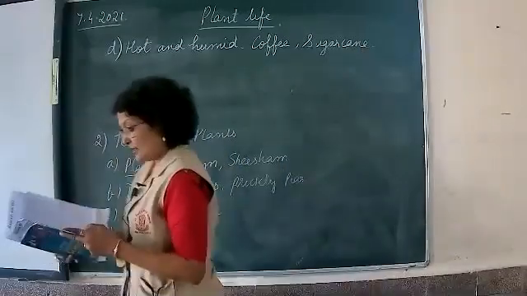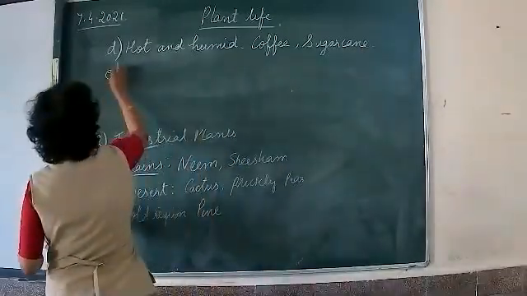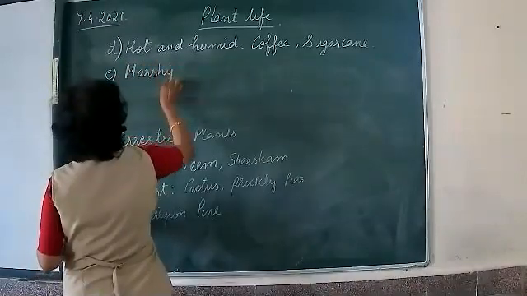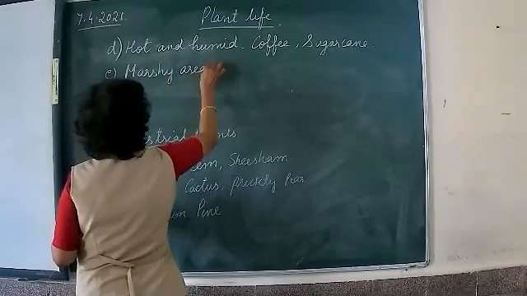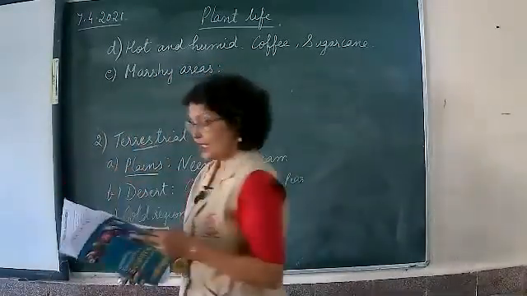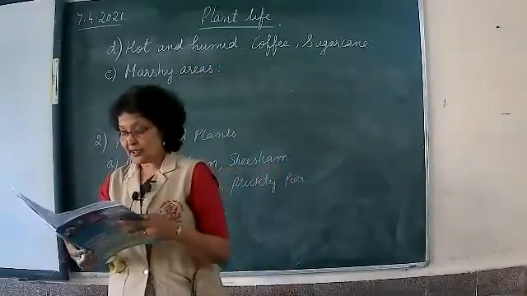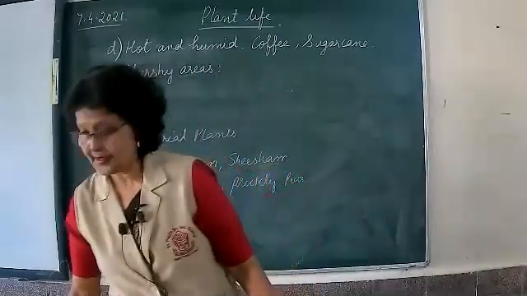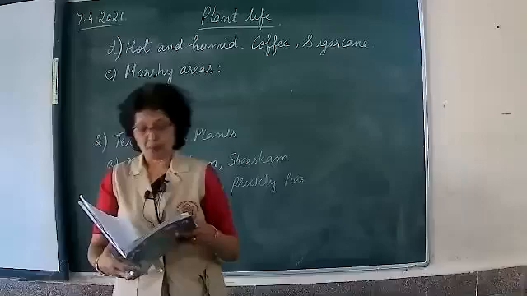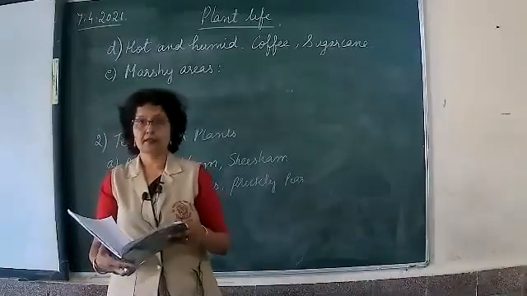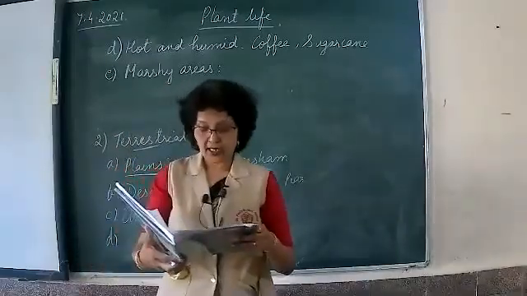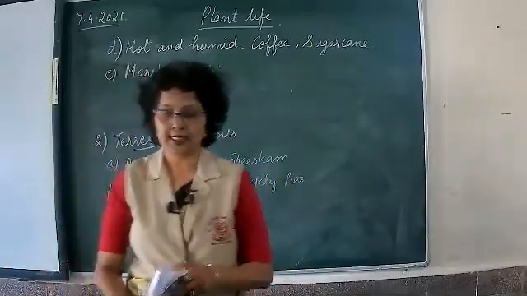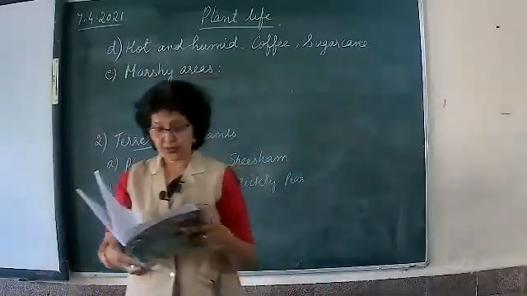And then plants in marshy areas. The soil is sticky and clay. Now what happens in marshy areas? Because the soil is clay, the plants do not get any air through their roots in the soil.